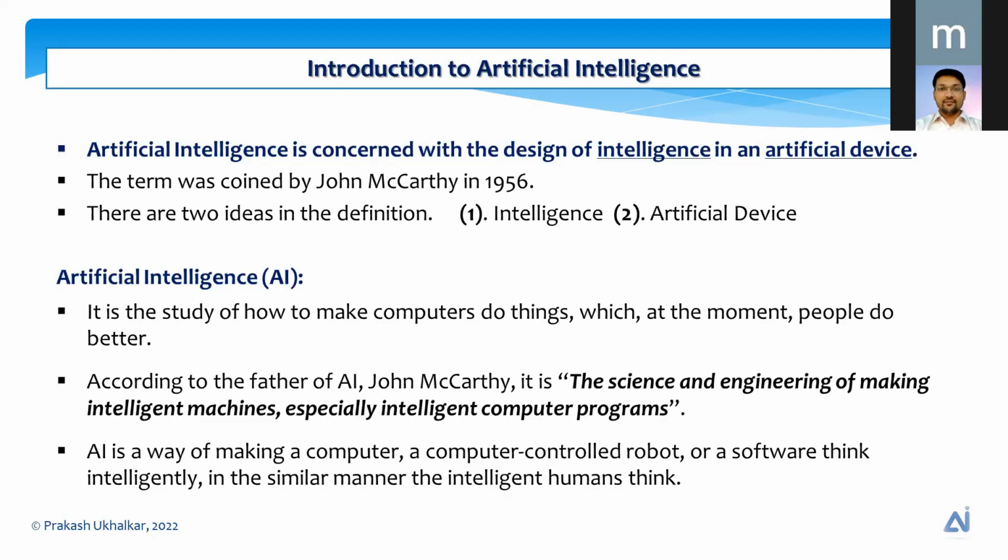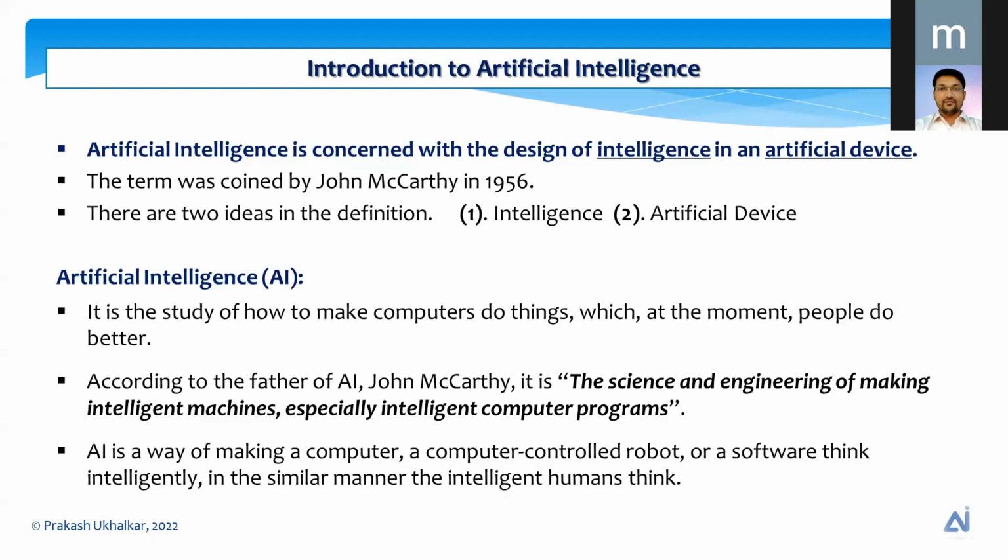So you can read the definition given here: the study of how to make computers do things which at the moment people do better than anybody else. According to John McCarthy, whose definition is referred everywhere, AI is the science and engineering of making intelligent machines, especially intelligent computer programs.